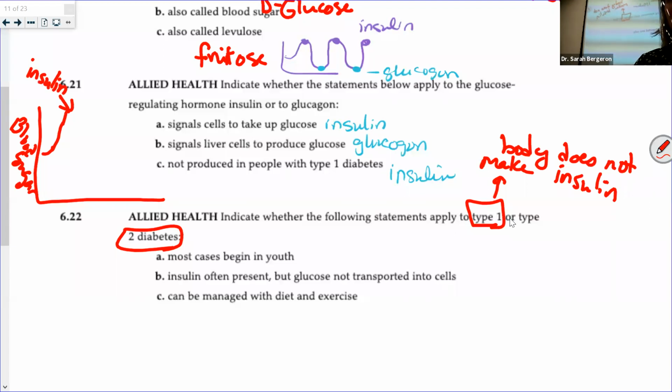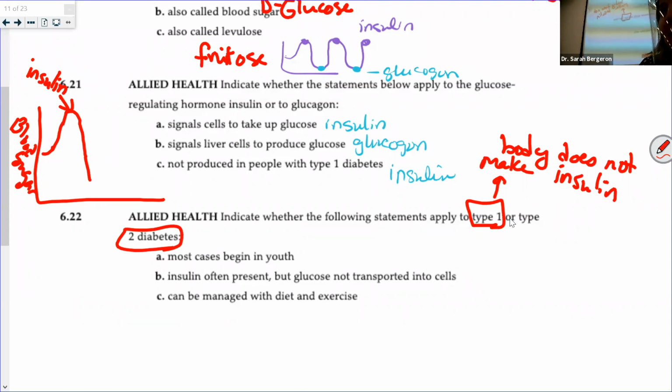If your body makes insulin and it tells those cells, hey, you can pick up the sugar, it's floating around out there, what's going to happen to your blood sugar levels? They're going to drop. They're going to go down. Your cells take up the glucose, your blood sugar drops.